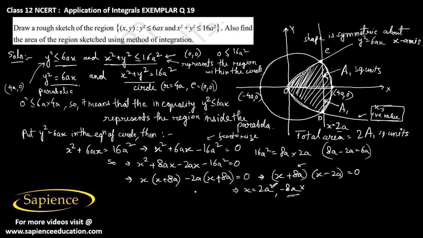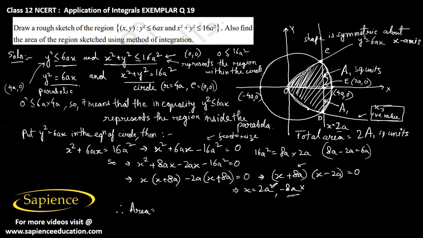Okay, so therefore the required area will be equal to the integral. Suppose the straight line x equal to 2a intersects the x-axis at point E. Then the coordinates of the point E will obviously be 2a, 0.